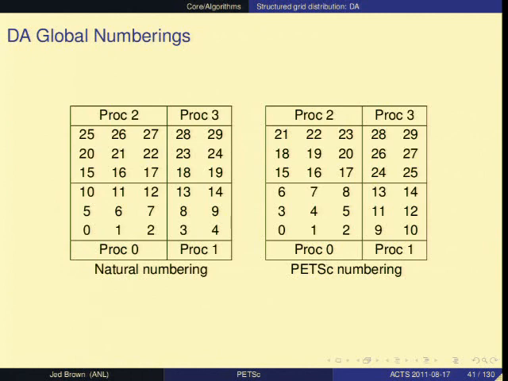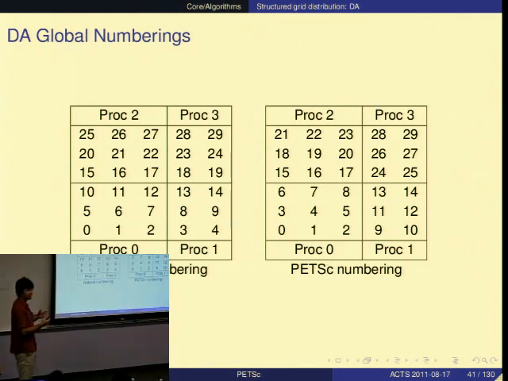So, yeah? Explain natural numbering. Yeah, well, so the natural numbering is just going through your whole grid, and it's, say, the lexicographic ordering for the whole grid. It's decomposed in parallel, but this is kind of the index that's natural for the problem.